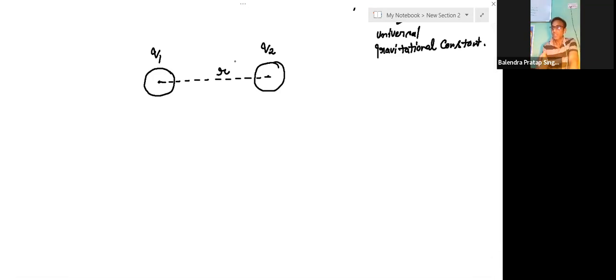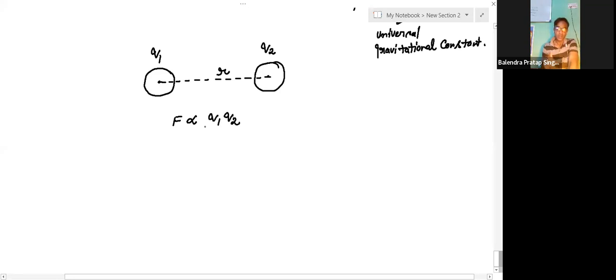This force is directly proportional to the product of these two charges q1 and q2, and also inversely proportional to the square of the distance between these two charges.